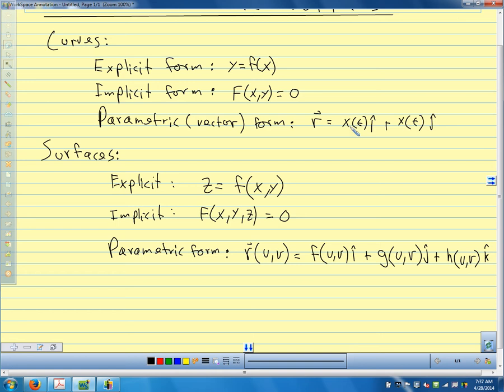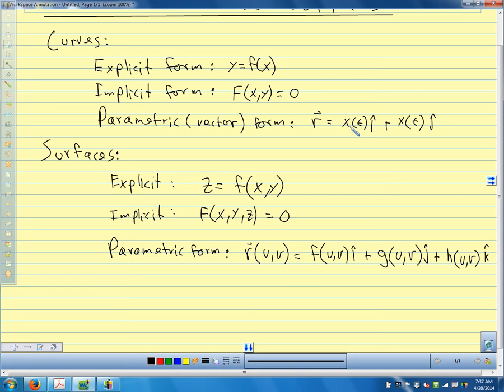Finding parametric equations for surfaces is usually pretty difficult. We just have a surface and we want to write a parametric equation for it. Kind of difficult. The exceptions are that we're familiar with cylindrical coordinates and spherical coordinates. That's one way to parameterize a surface, is with those coordinates.